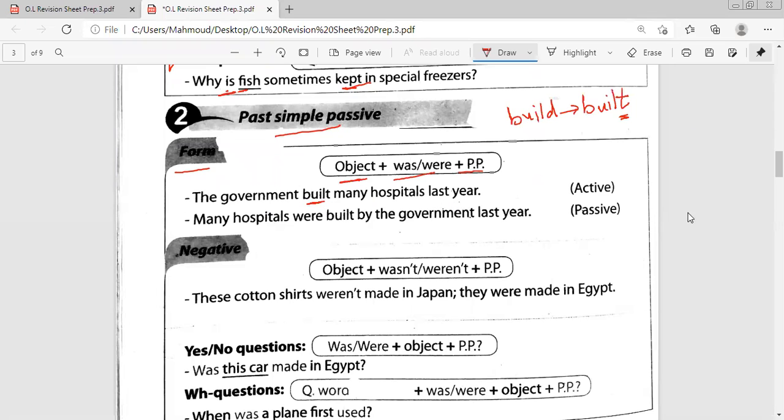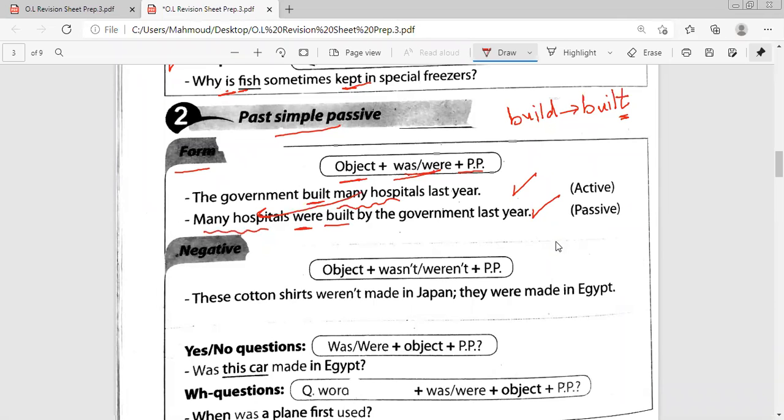This is called active. If you want to form the passive from this sentence, you will start here with the object. You will start by saying many hospitals. It's okay? And then you will add this form, was or were. Of course, we will use here were because hospitals is plural. Many hospitals were built, and this is built. Why?